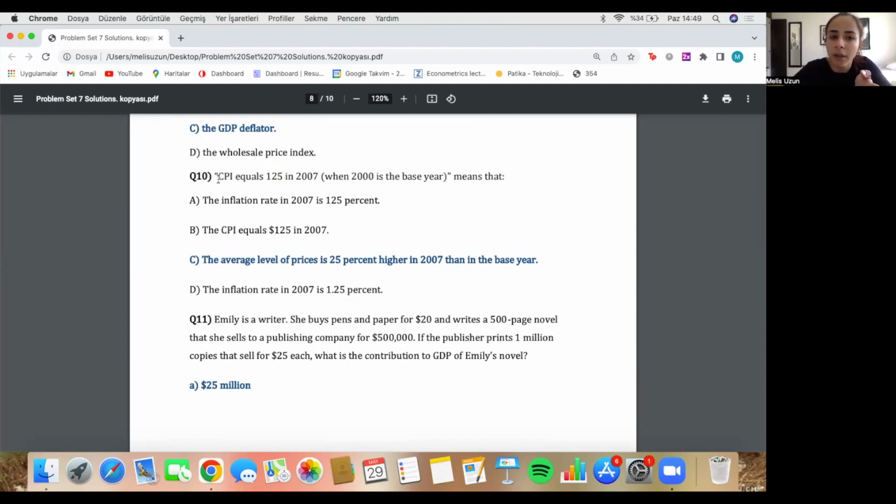So when we calculate GDP in 2007, when 2000 is the base year, we use the quantities of these goods in 2000, but we use the prices of these goods in 2007. While doing it, we will find out how the prices have changed. So if it equals 125, it means that the prices are 25% higher. So this is why the answer is option C.